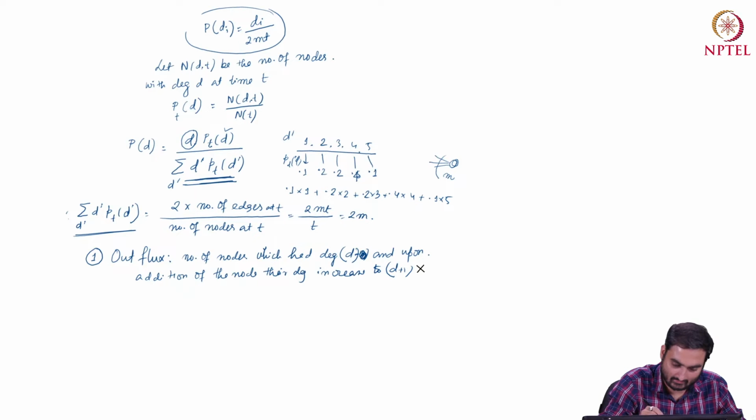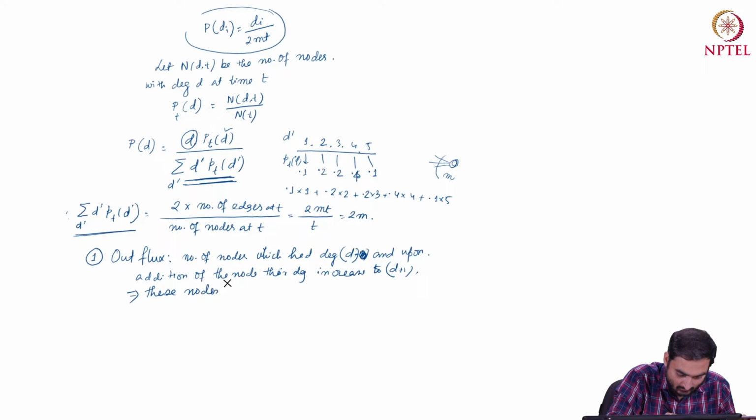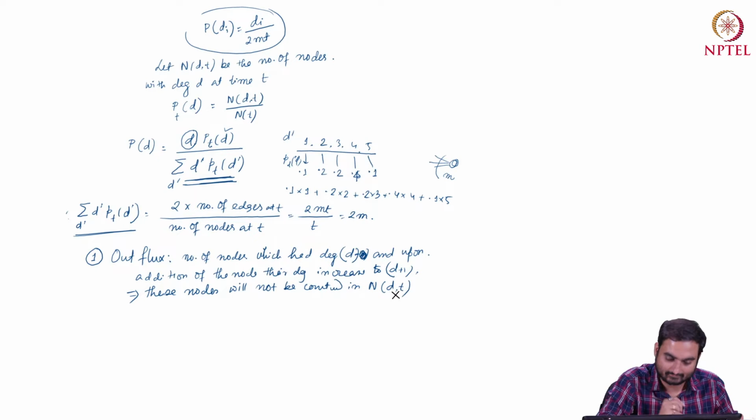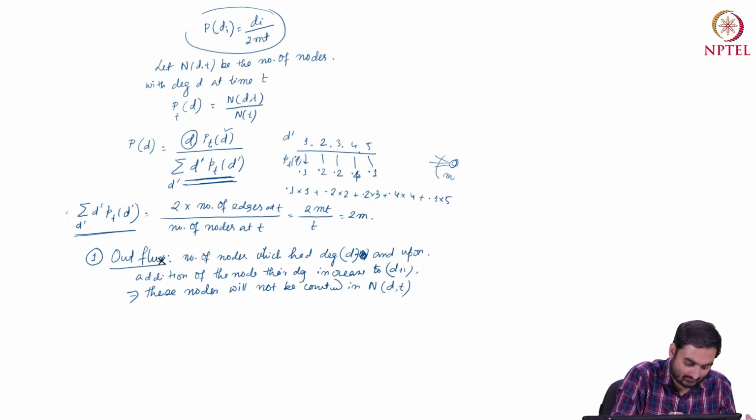Therefore these nodes will not be counted in n of d comma t. So this is outflux.